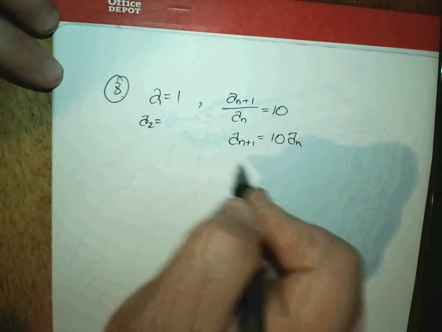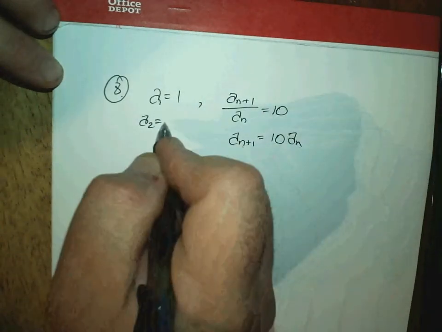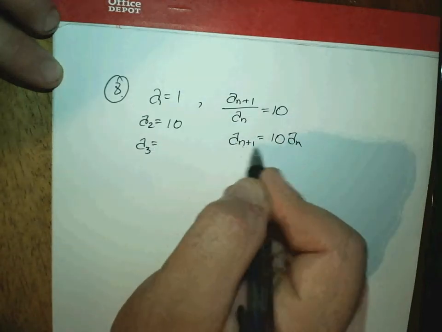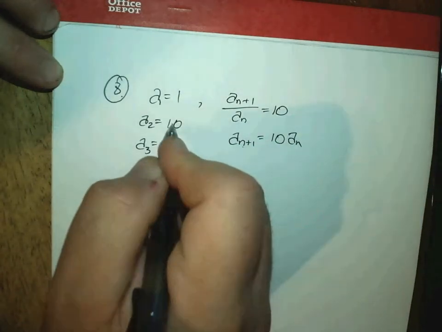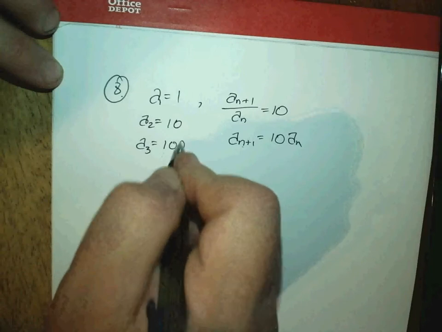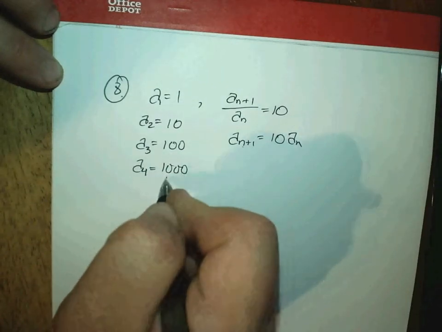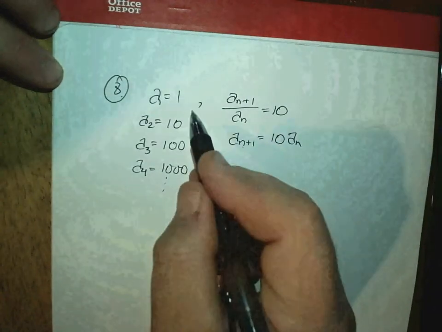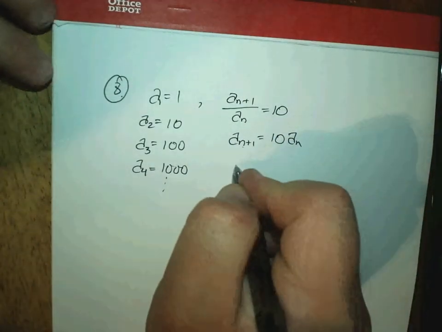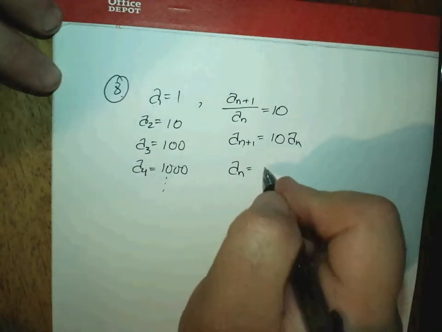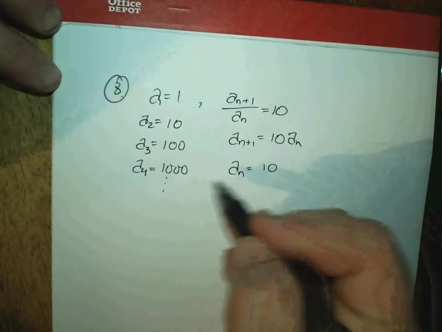So that means that a sub 2 is going to be 10 times a sub 1. 10 times 1, 10. A sub 3 would be 10 times a sub 2. 10 times 10 is 100. And so on. A sub 4, 10 times 100, 1,000. So you're looking for the function that generates these terms. Well, a sub n is equal to 10 raised to what power would do that?